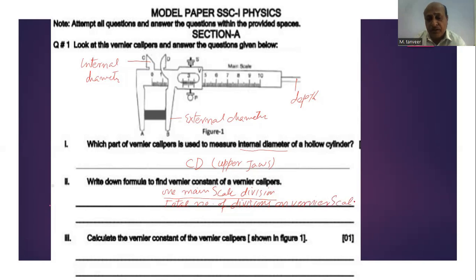This is the formula by which you can find the least count of a vernier caliper, or vernier constant.